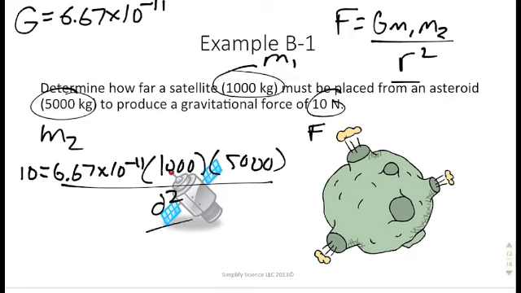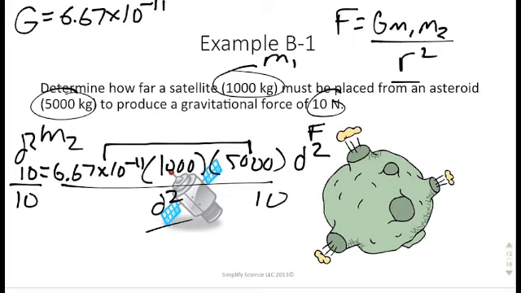You want to multiply these terms together, and you'll realize that you've got 10 over here and d squared over here. Algebraically, I can multiply both sides by d squared and divide both sides by 10. That switches the d squared and the 10 terms so that cancels and that cancels. Now you have a number on one side, 6.67 times 10 to the minus 11th times 1,000 times 5,000 divided by 10 equals d squared.